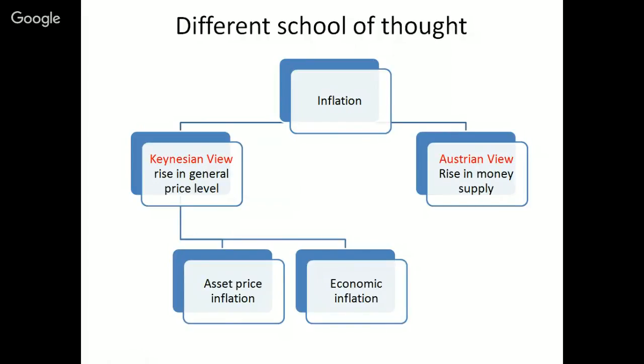But in the Austrian view, it is pretty simple. If the central bank increases money supply, the value of money falls, which indirectly means whatever is being measured in terms of money will start appearing costly. And from a trading viewpoint, I would say that applying the Austrian view is far more beneficial than the Keynesian view.